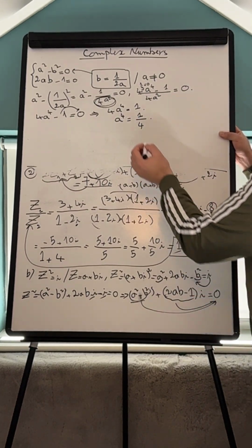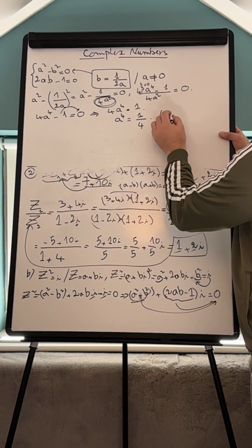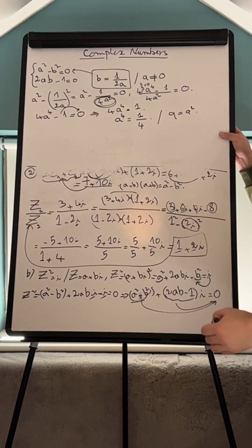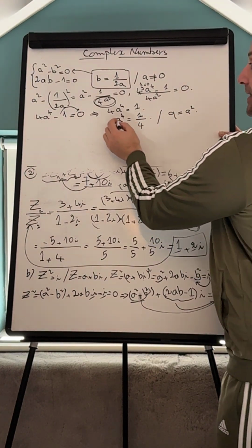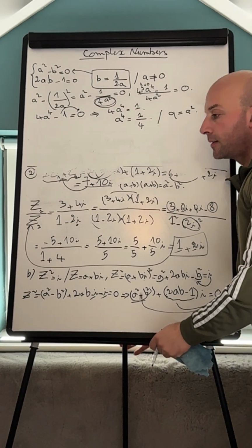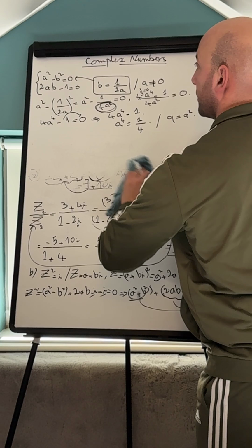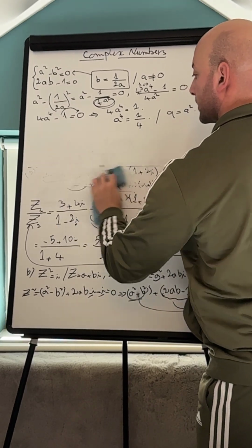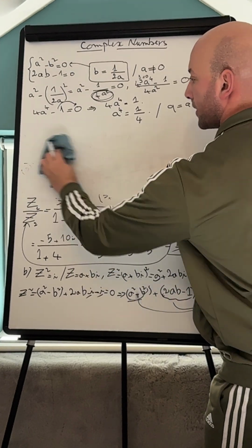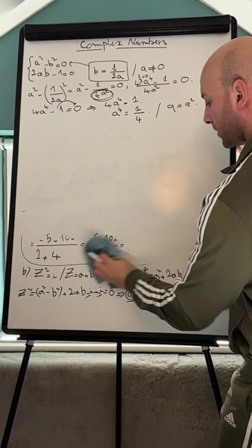And then because here it's a to the power 4, let's say q equals a squared, and we can write this equation. I have to clear the board here. There we go, and then we can explain our exercise.